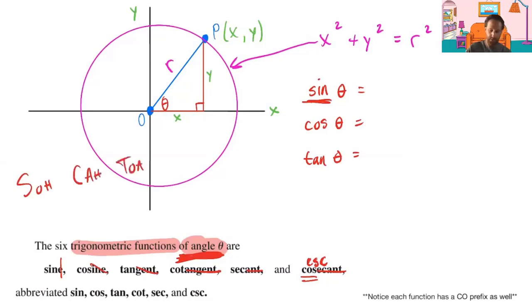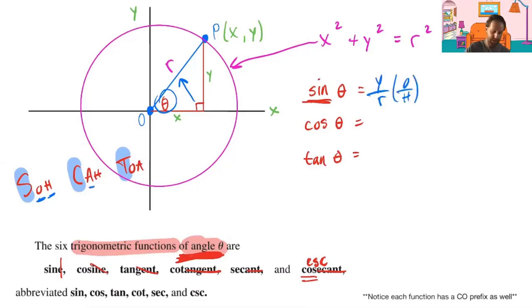And that stands for each one of our trig functions, sine, cosine, and tangent. It gives us what it's equivalent to as a ratio. So that would be opposite over hypotenuse. Now remember, the hypotenuse is always here and opposite to this angle there. So for sine, it would be the opposite, which would be y, over our hypotenuse, which would be r.